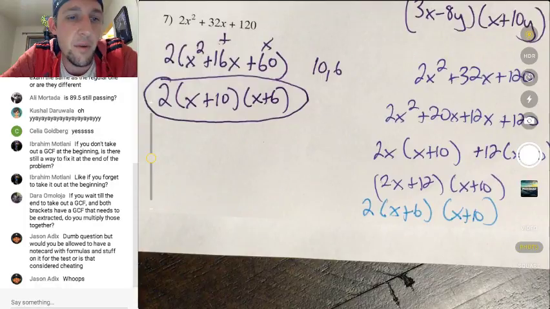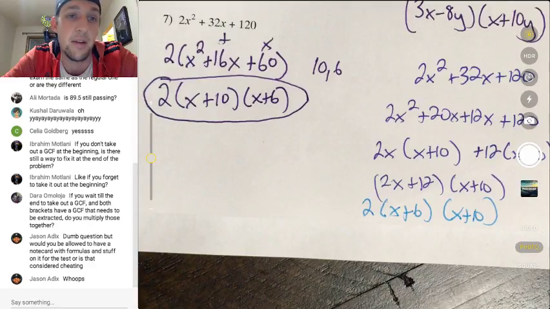Dara asked, if you wait till the end to take out a GCF and both brackets have a GCF that need to be extracted, do you multiply those together? Yes.